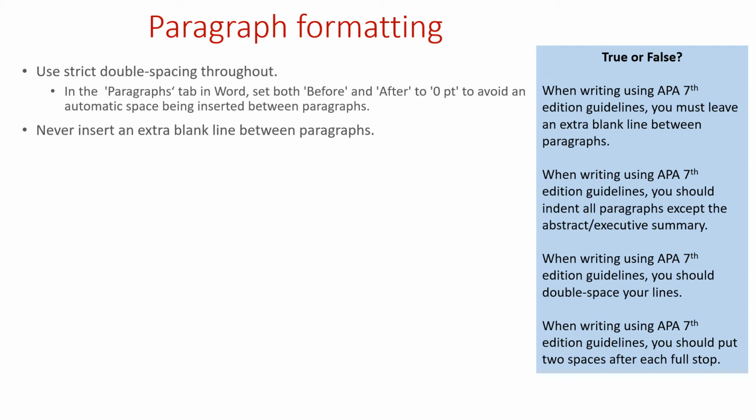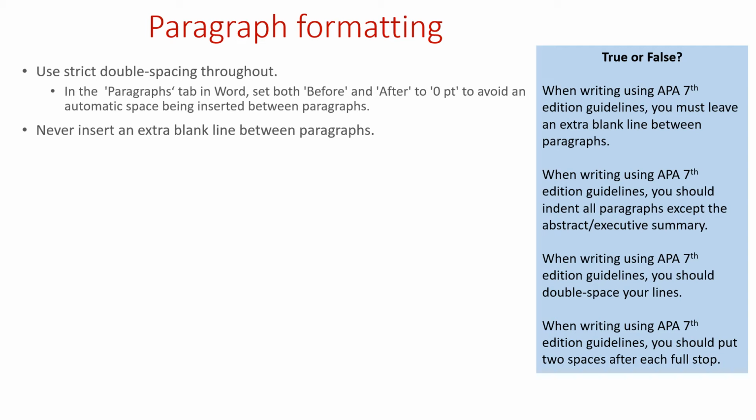And this is where you've got to be careful if you're using Microsoft Word. Sometimes in some of its default settings, it likes to stick a little extra space before and after particular paragraphs. Okay, you need to go in, click on the paragraph tab in Word and where it says before and after, set those to 0 to stop it sticking in extra spaces, because that will be violating APA 7th edition guidelines.